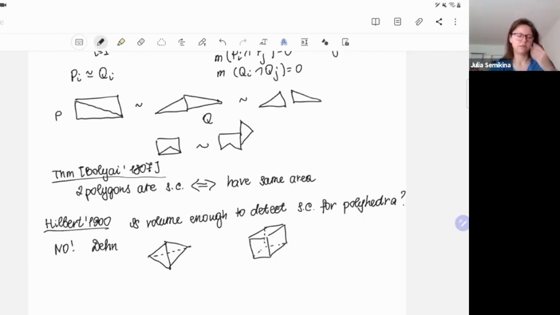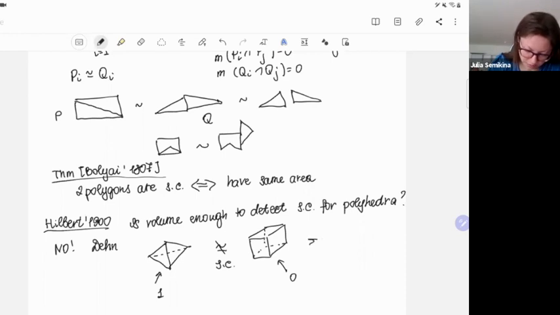And what distinguishes them is something that is called the Dehn invariant. The Dehn invariant of the tetrahedron is non-zero, so let's say 1. And then the invariant of a cube is 0.